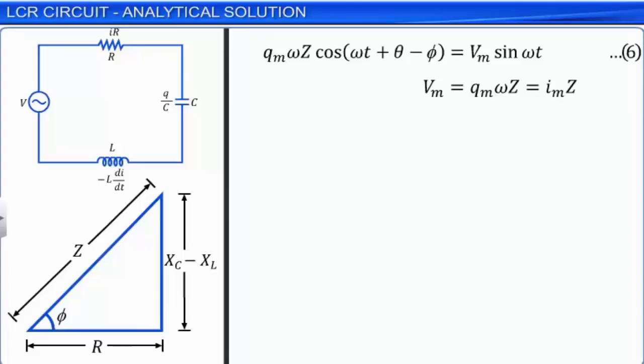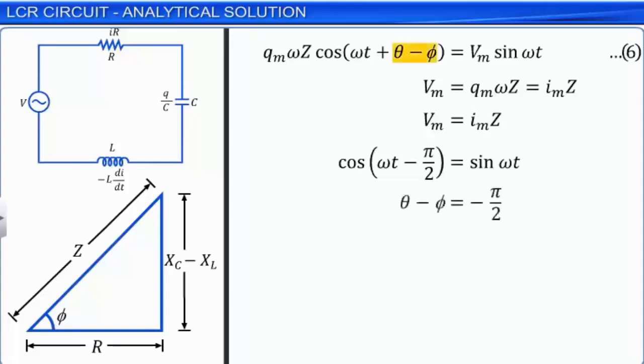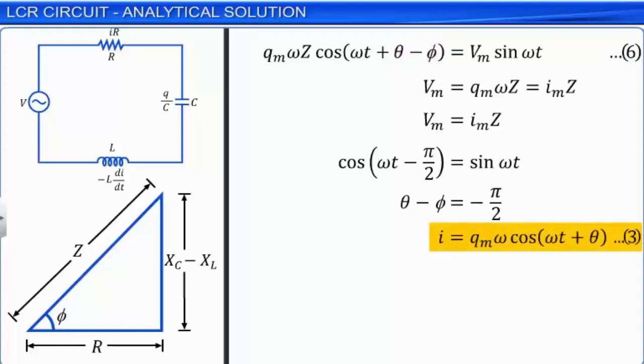Also, as cos(omega t minus pi by 2) is equal to sin omega t, we have theta minus phi is equal to minus pi by 2. From equation 3, for the instantaneous current, I is equal to Qm omega cos(omega t plus theta). Since Im is equal to Qm omega, we get I equal to Im cos(omega t plus theta).